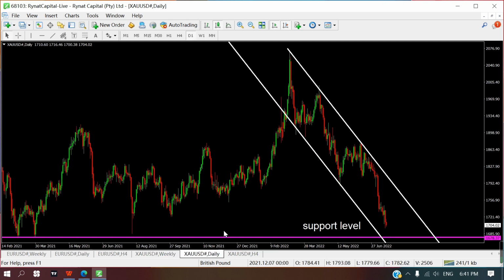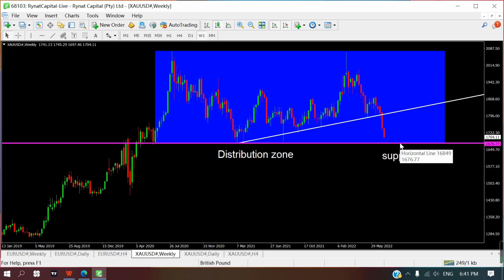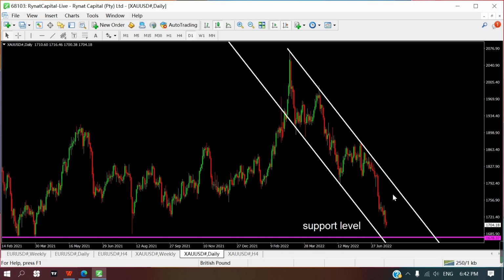On the daily chart, we see the price is moving in a bearish market, in a bearish channel, and it's still dropping. The price may get supported at the support level, which is here. It's almost the level we see in the weekly chart, right?